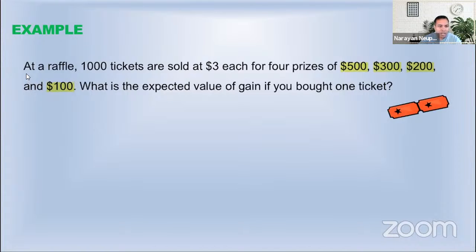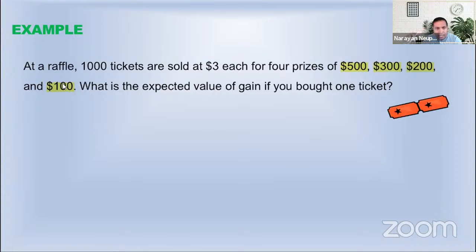Okay, the question here is, at a raffle, 1,000 tickets are sold at $3 each for 4 prizes: $500, $300, $200, and $100. That means in total, 1,000 tickets were sold.